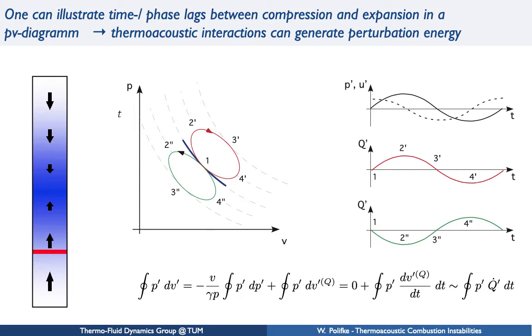And we know cycles with a clockwise sense of rotation are engines. They generate mechanical energy. And in the case of thermoacoustics, these interactions between fluctuations can generate perturbation energy.